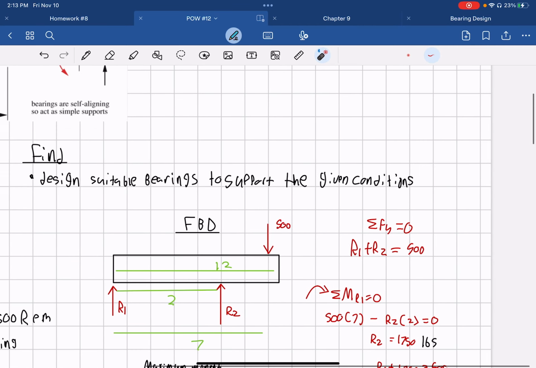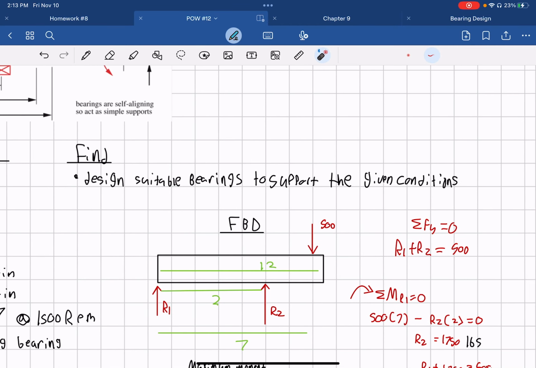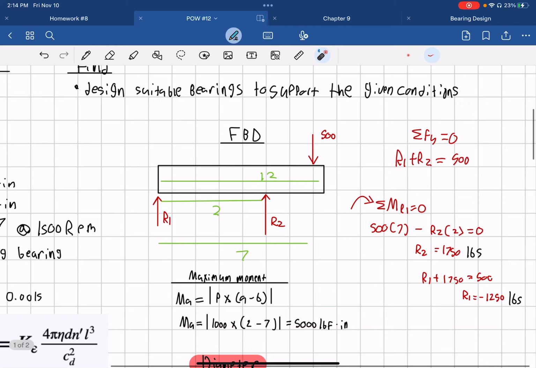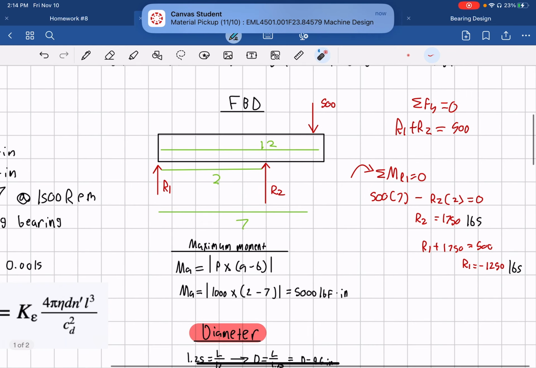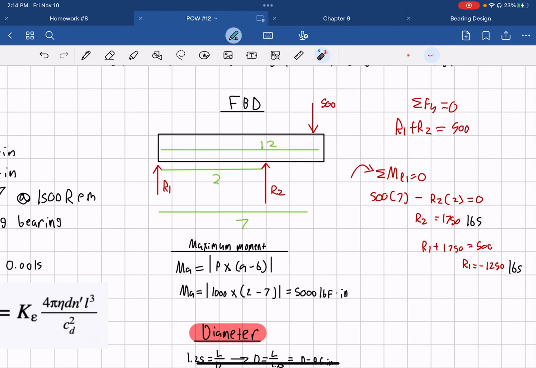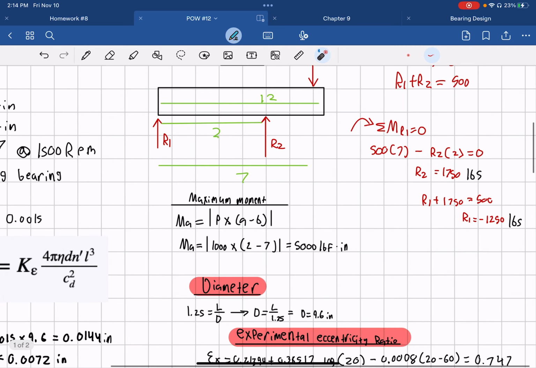First thing we want to do is create a free body diagram to find the reactionary forces. As you can see here, we have both reaction forces found. R1 is equal to 1,750 pounds, and then R2 is equal to negative 1,250 pounds.